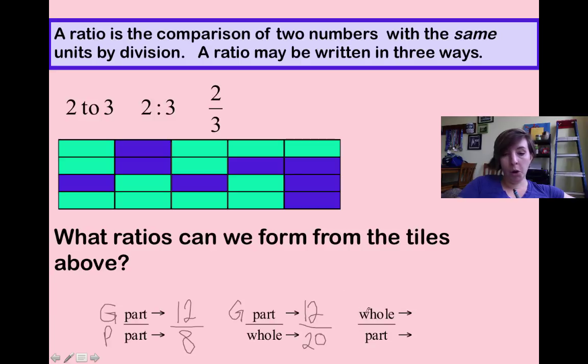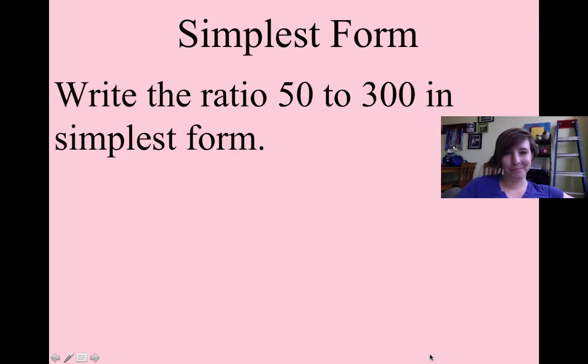If I want to do whole to part, let's do the whole to the purple parts. We know our whole is 20, and our purple part is 8. So I can come up with 3 ratios really easily, and even more if I'm creative.